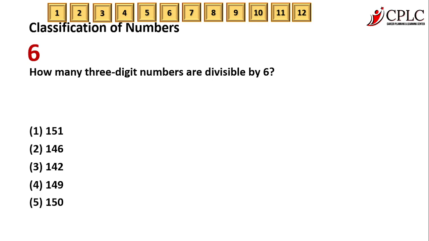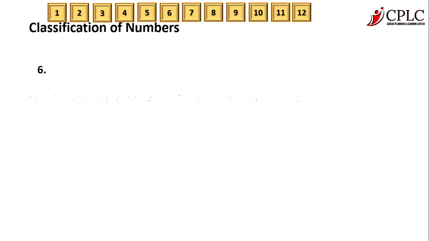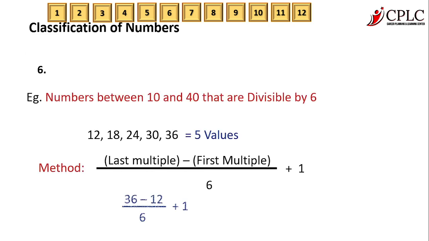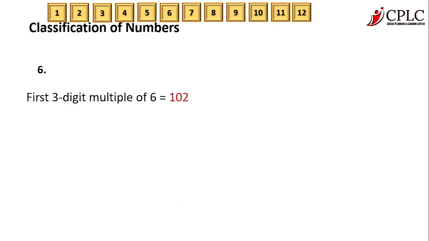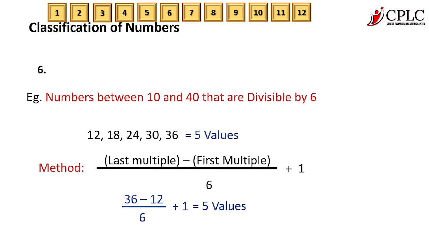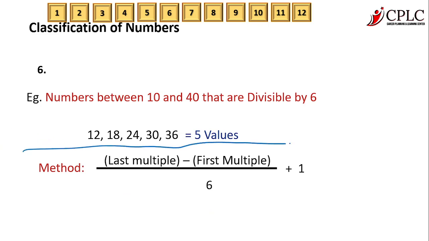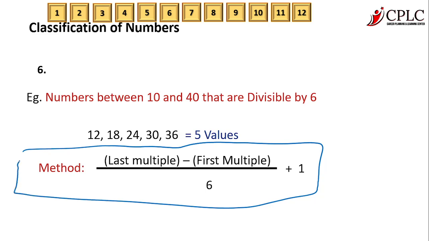So, to do all such questions, there is a simple formula that you can remember going forward, and that is the whole idea behind this. The formula is very simple. It is last multiple minus first multiple, the whole thing divided by 6, because we are looking at numbers that are divisible by 6, and the whole thing plus 1.